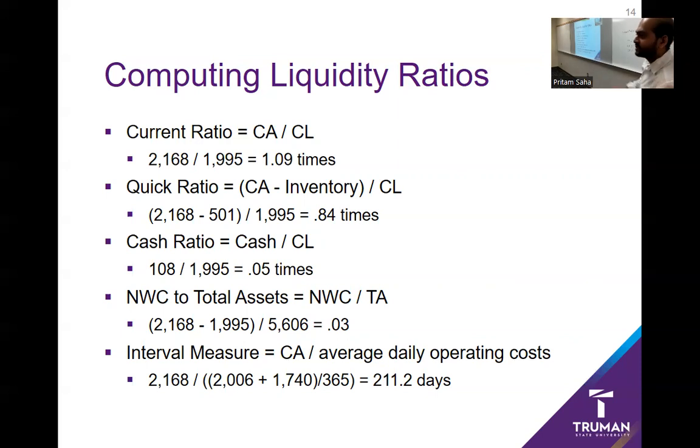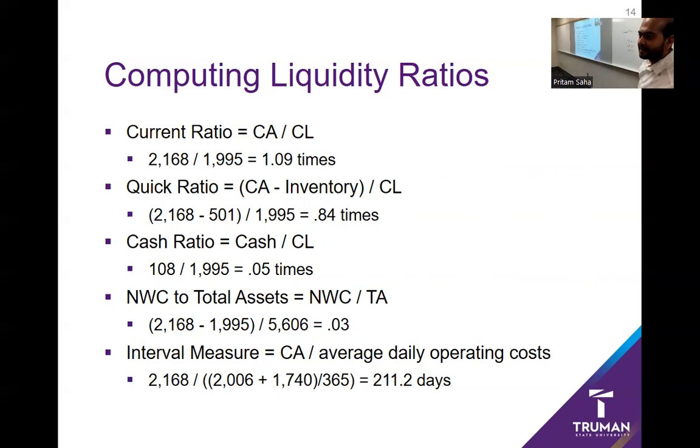It does not always give you a good idea of your short-term solvency. Any idea why? So your current assets might be a little hard to sell. Why? It's current assets, liquid assets. Why should it be hard to sell? It's not my property, it's not my land, right? It's not my plant. Why?